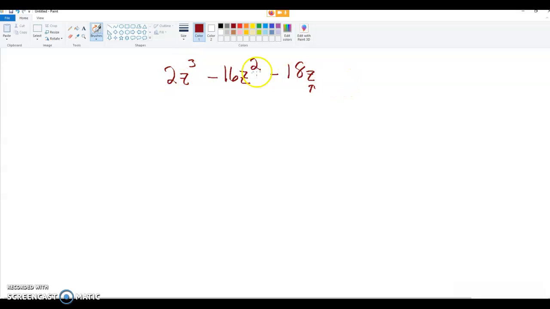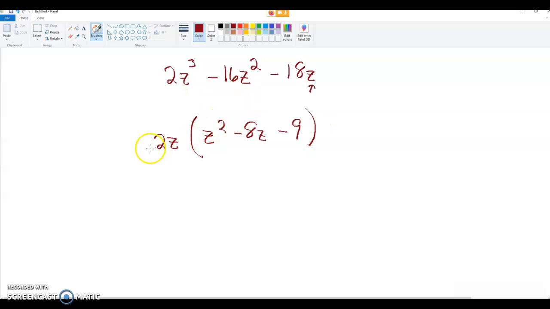So what I'm going to first do is pull out a 2z. 2z cubed divided by 2z is going to leave me with a z squared. Negative 16z squared divided by 2z is going to give me a negative 8z. Negative 18z divided by 2z is going to leave me with this negative 9.